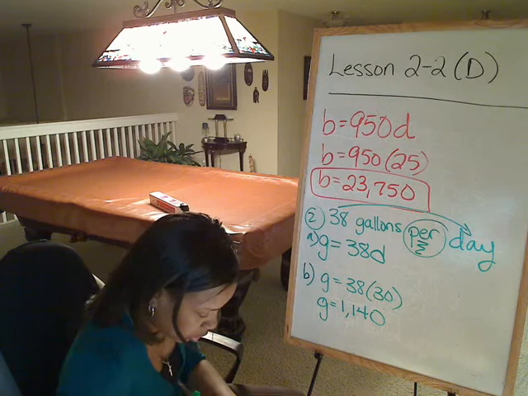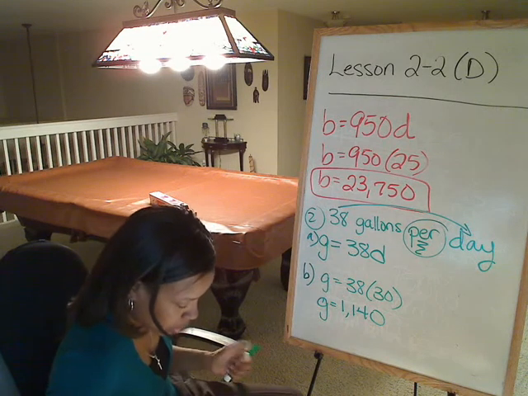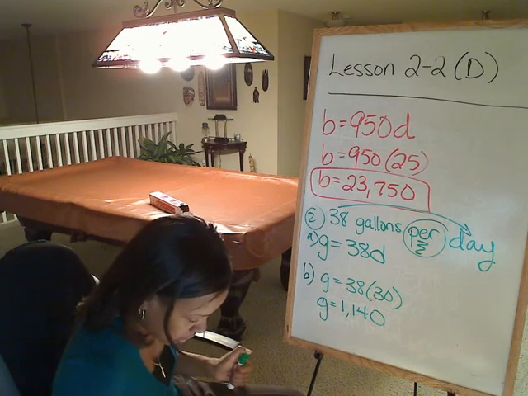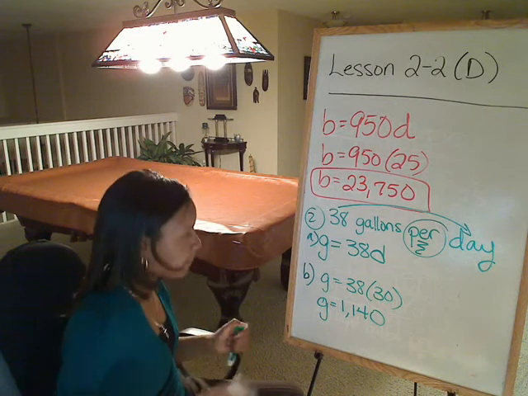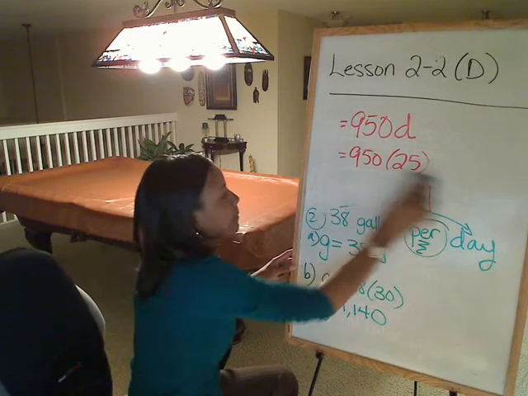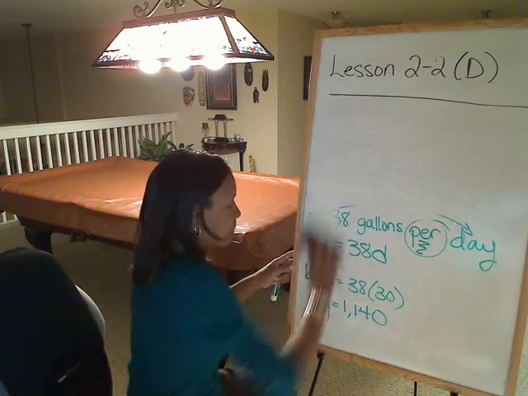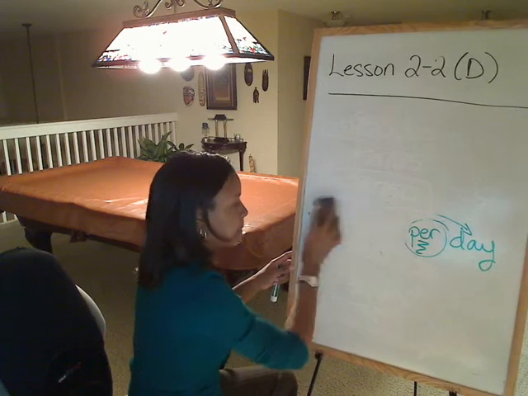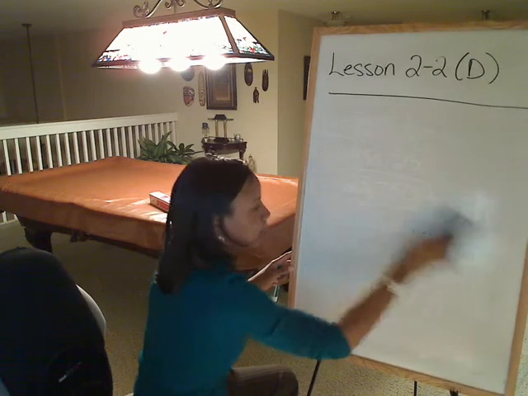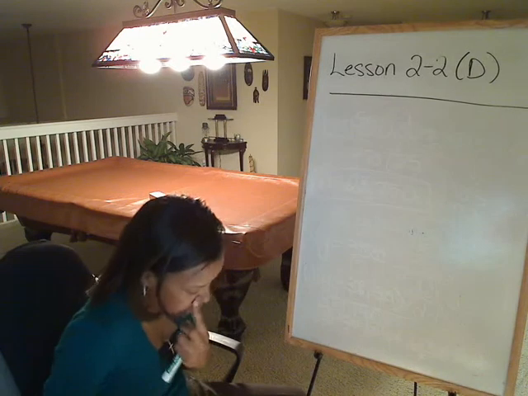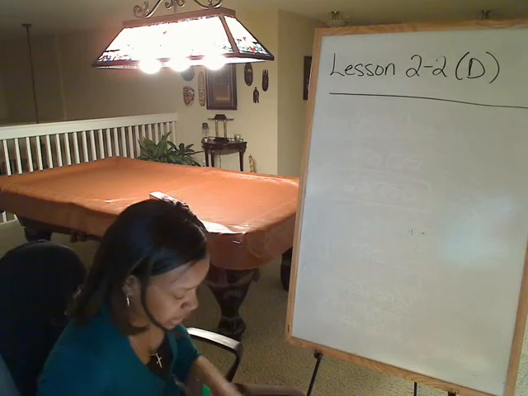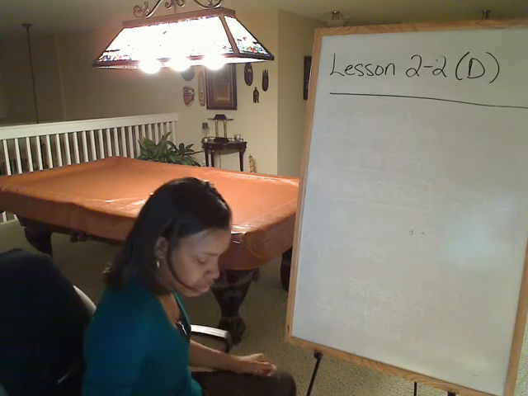And the last question I'm going to do is number 3. Number 3 says Chuck gets $12 per week as allowance. Write an equation.